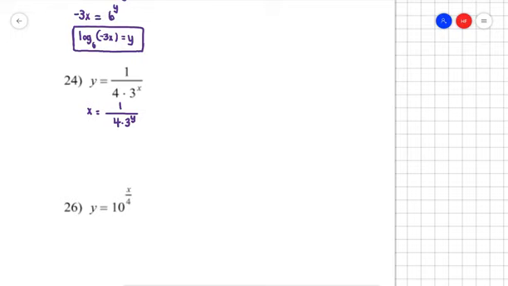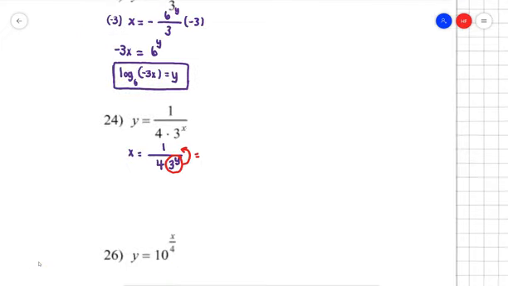So whenever I move across a fraction bar, my exponent has to change sign. And we know that from Algebra 1, but it might be something that we've kind of forgotten about. So this is the same thing as 3 to the negative y power over 4.